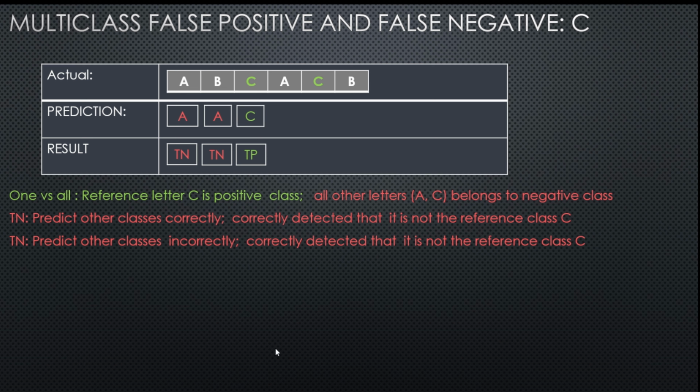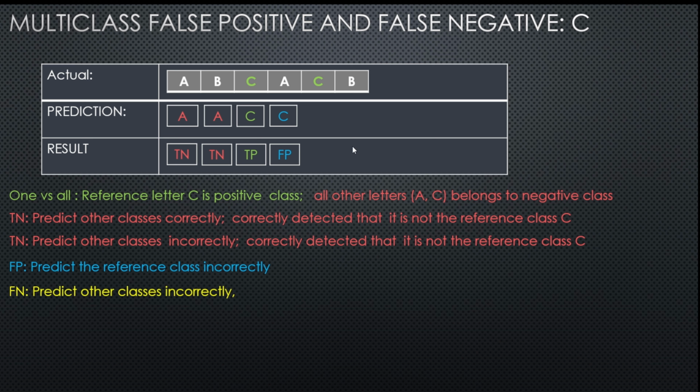This is a true positive, so we can quickly skip through this. This is a false positive. There also it is a false positive because we have predicted the positive class. Now you understand more clearly the false negative, which is this place. You have predicted A in place of the positive class, right?